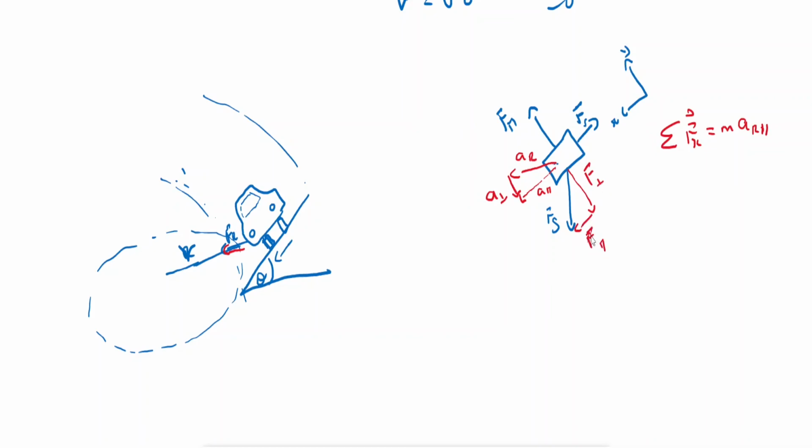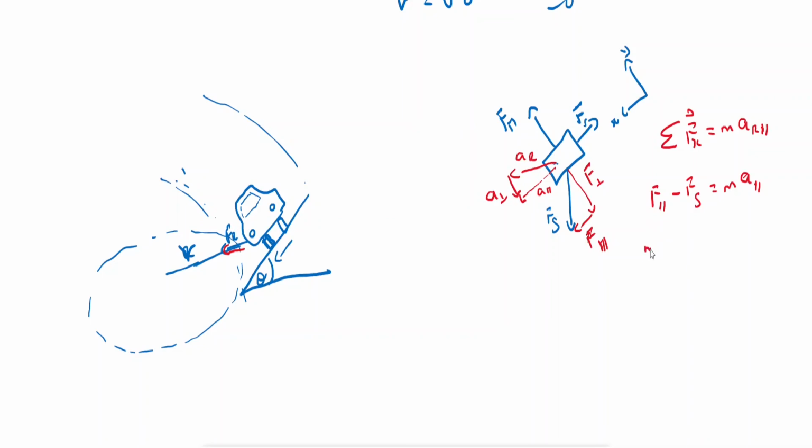Now I have the F parallel here, unlike the first one. So here on the X I have this F parallel, minus Fs, and then I basically have this MA, that's M A parallel.